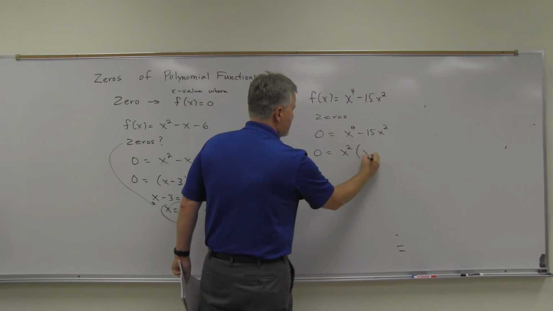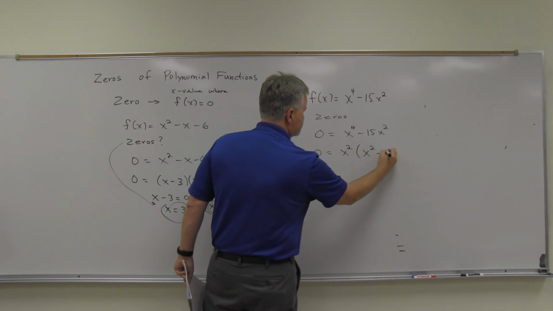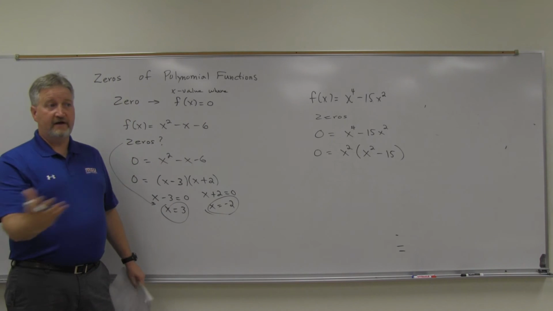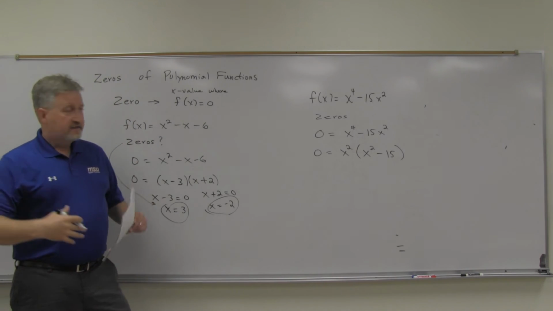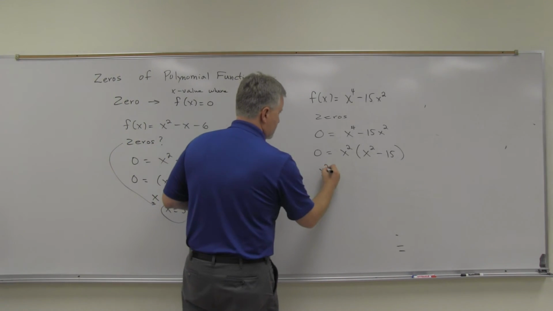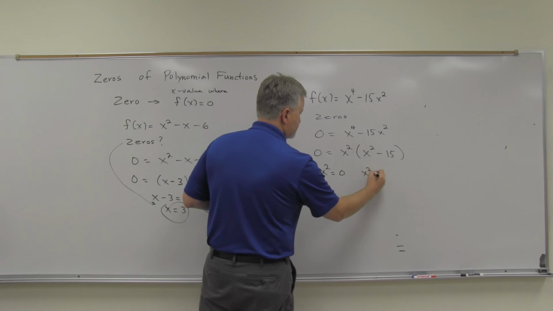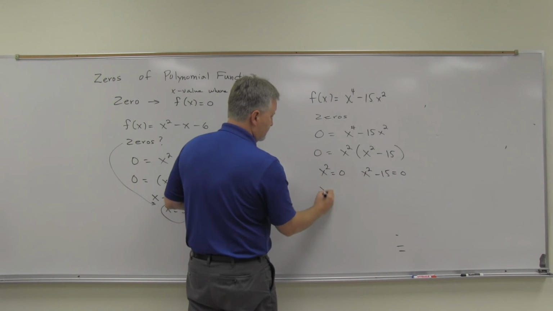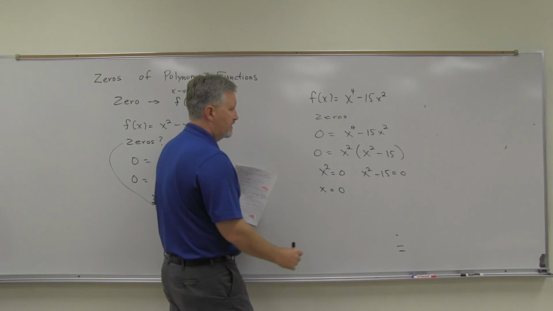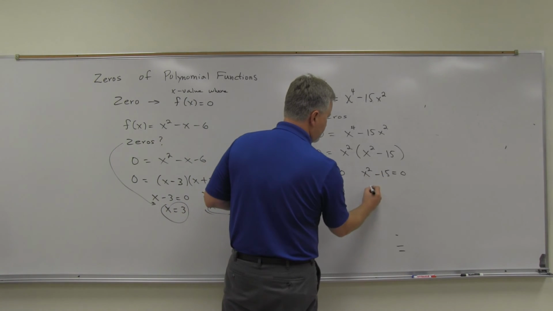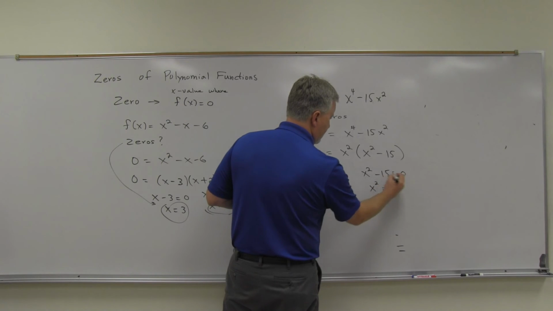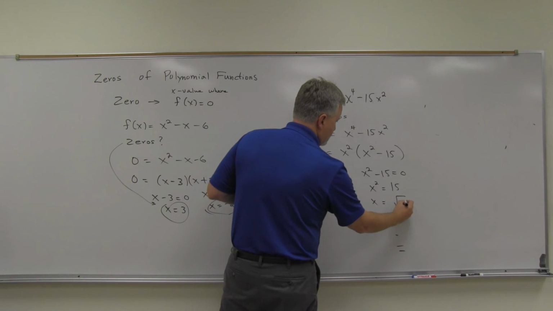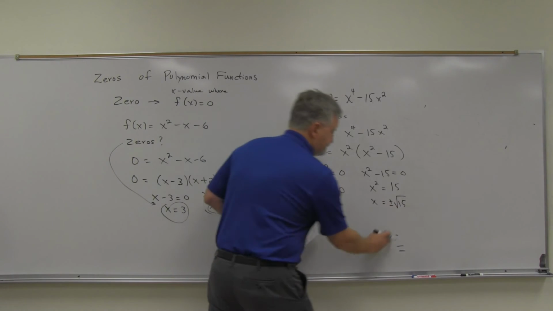Set it equal to 0, factor off an x squared, and set x squared equal to 0 and x squared minus 15 equal to 0. Here, square root both sides, you get x is 0. And over here, add the 15 to get x squared equals 15, then square root both sides. But you get plus or minus.